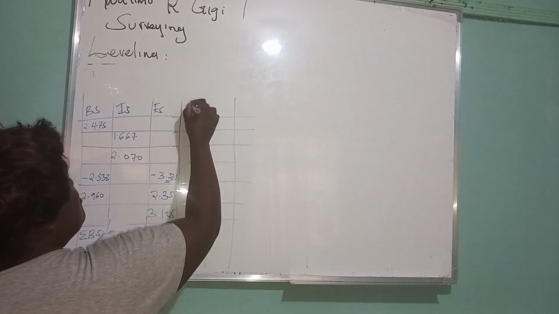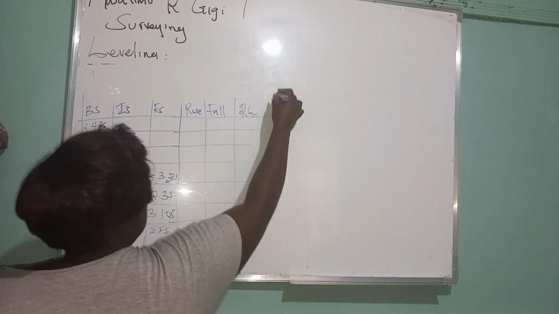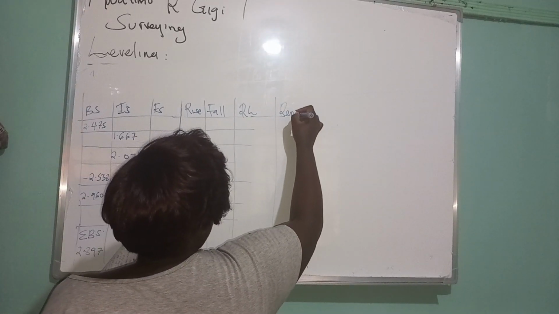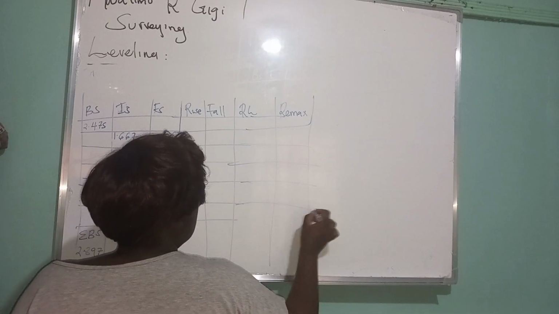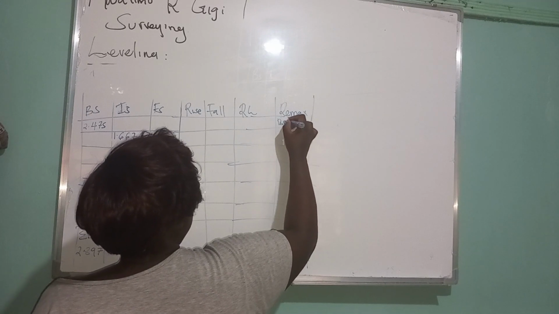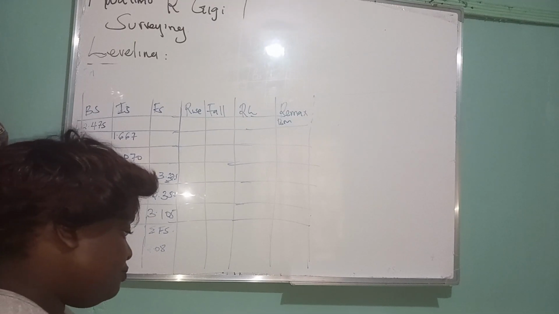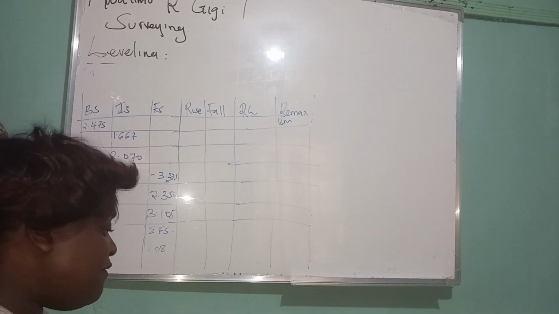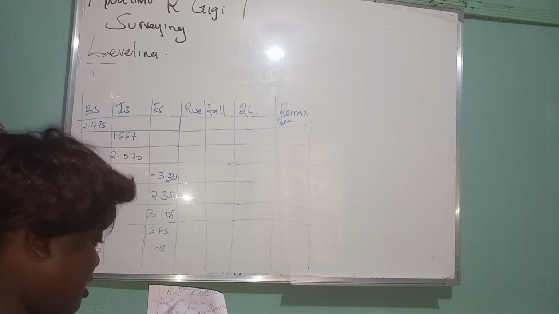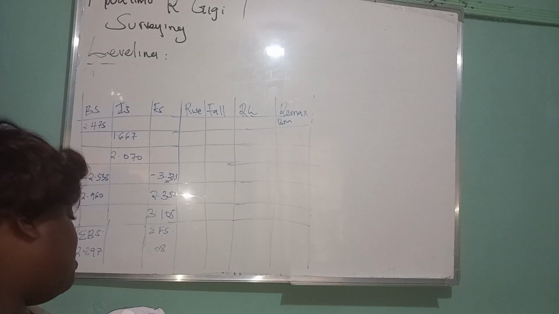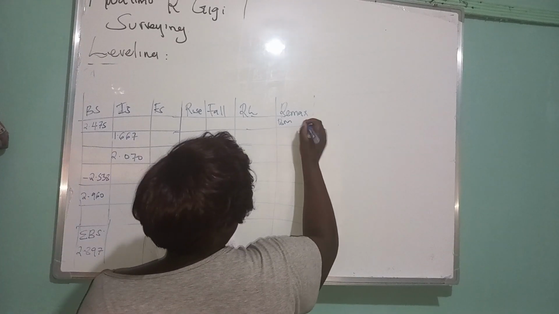So we'll have a column of rise and a column of fall, then a column of reduced level, then the remarks. So at the remarks, we had the BM as 1345.081.